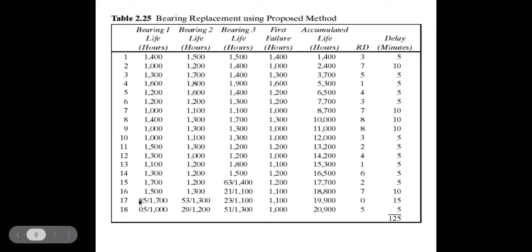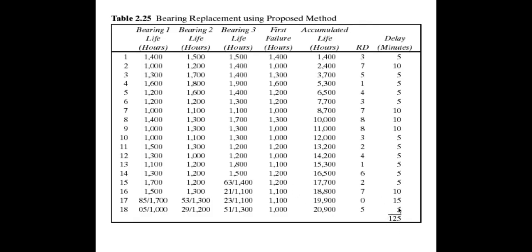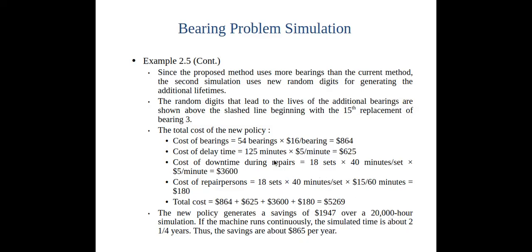Each time we changed 3 bearings, so in total 18 times 3, 54 bearings, and at $16 to change each bearing, that costs $864. The total cost of the delay time is the summation of all delay times multiplied by $5 per minute, which is 625.